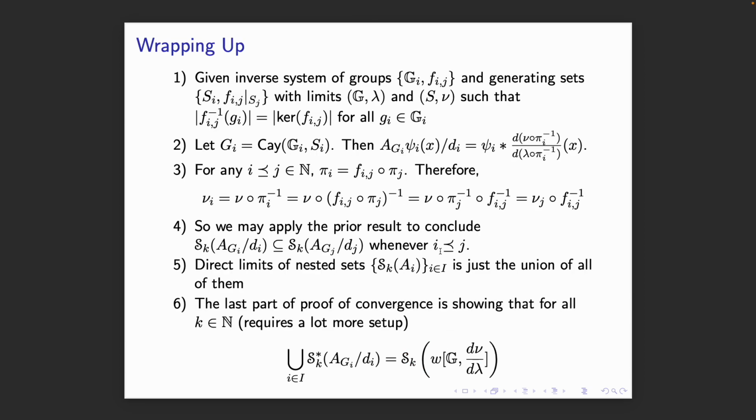So to wrap things up, if we have an inverse system of groups and generating sets with limits which are probability spaces G, lambda, and S nu. And I've really been playing fast and loose with the idea of obtaining a probability measure from taking inverse limits, but it would really take too long to discuss the inverse limits of probability spaces.